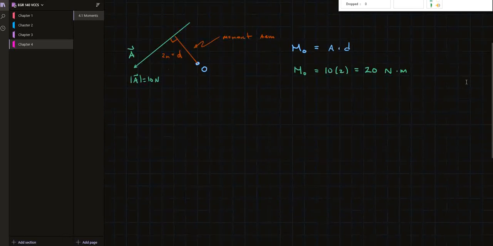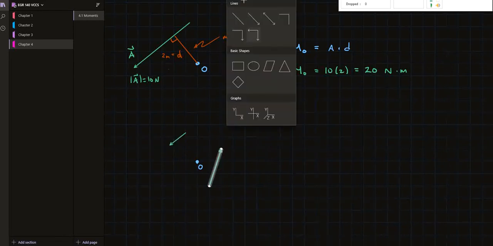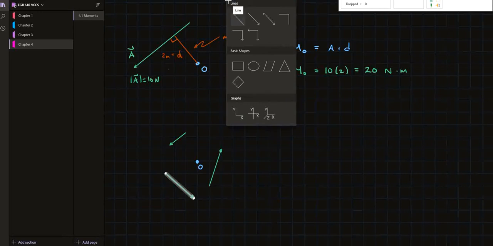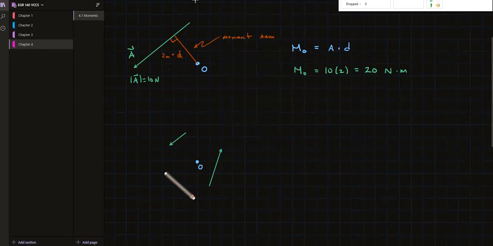We can, of course, have a situation where we have multiple forces around a point in any direction. We're kind of looking at 2D situations right now. We'll extend this to 3D. Then each of these will have a moment arm, perpendicular distance.